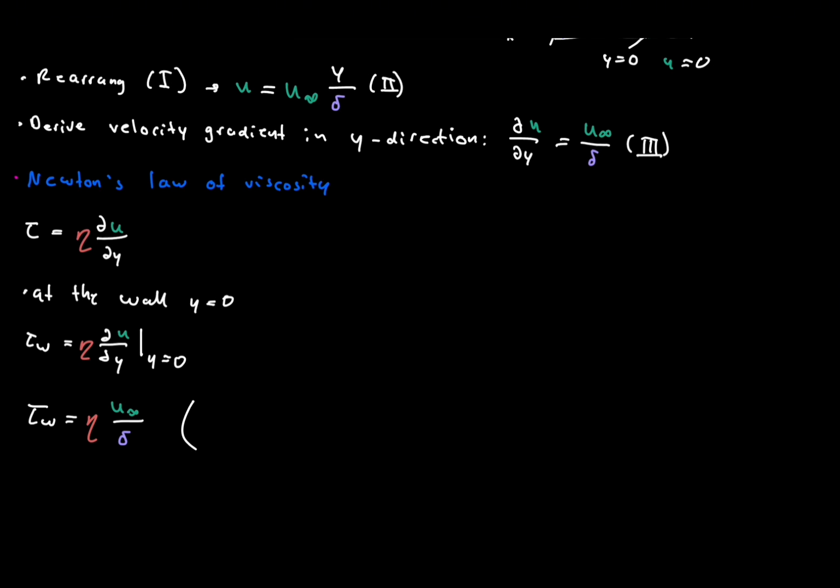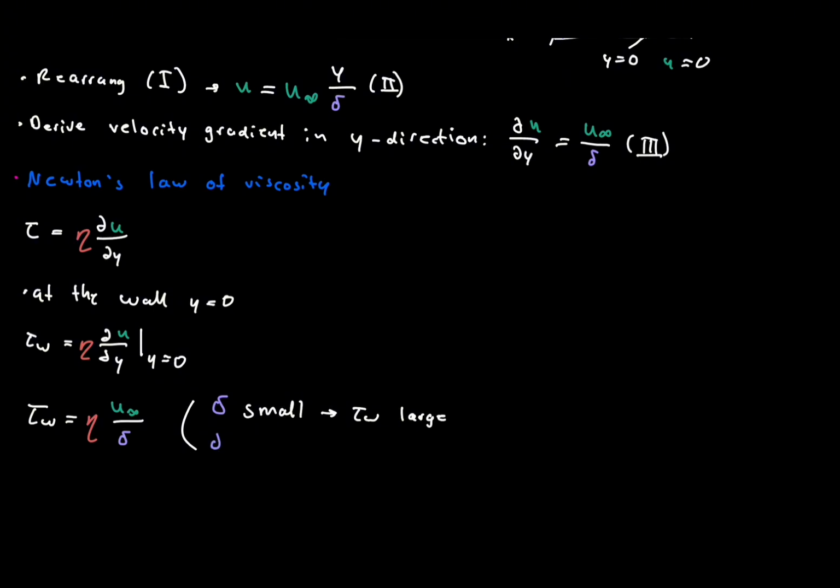Now let us interpret it physically. The wall shear stress depends inversely on the boundary layer thickness. If delta is small, then the velocity changes very rapidly over a short distance. That means the gradient is large, and the wall shear stress is large.